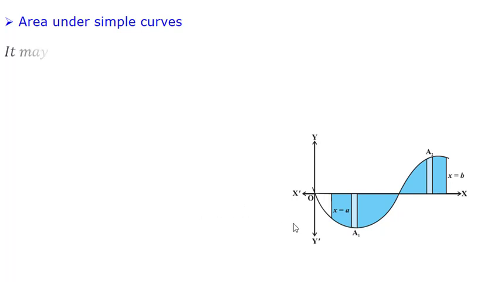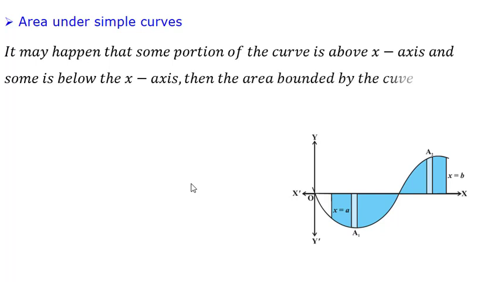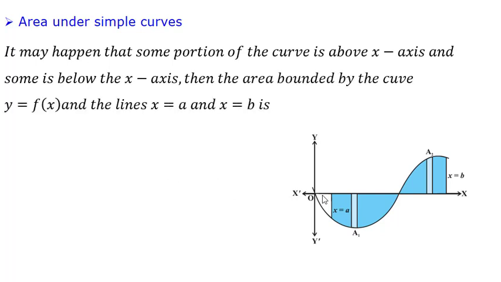In that case we divide our integral between 0 and some point a, and then from a to b. So our area will be the modulus of A1, because A1 is below the x-axis, plus A2.